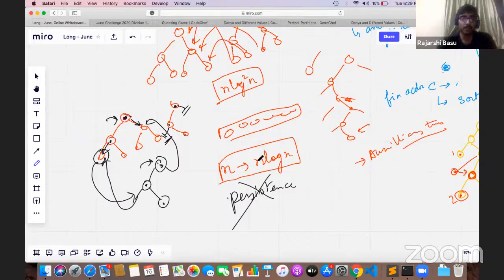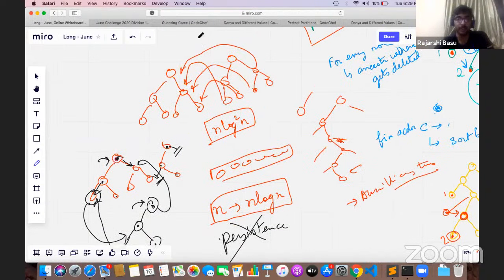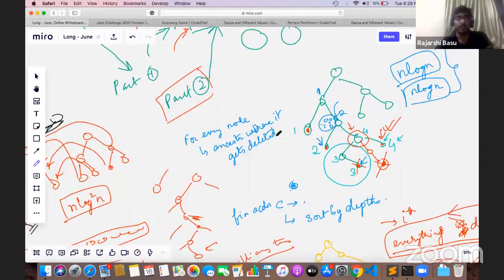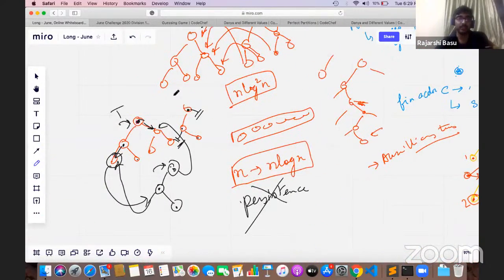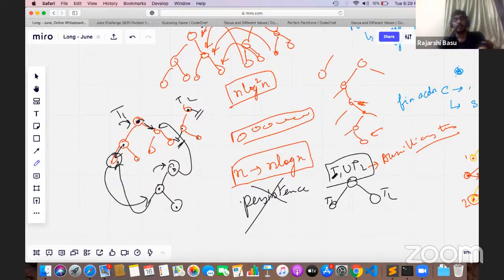After the merge operation, you will get a new segment tree that is the resultant segment tree for a particular node in your tree. Let's say this segment tree was T1, this segment tree was T2. In your original tree, this was the T1 node, this had the T2 node, and here you get the T1 union T2. You are getting this T1 union T2 through here.